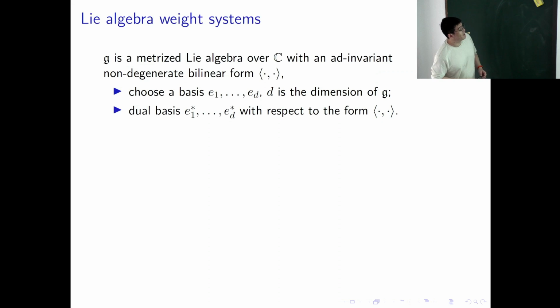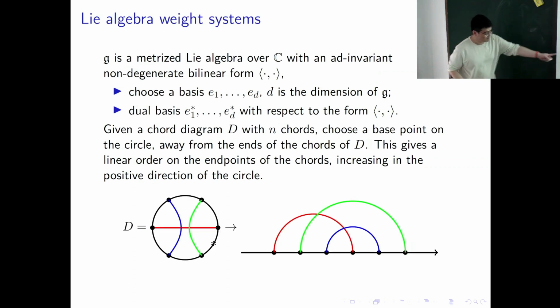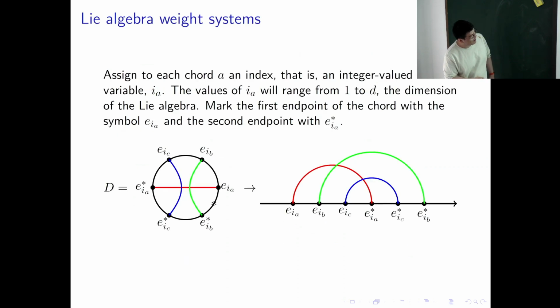So g is a Lie algebra with an invariant bilinear form. We choose a basis e_1, e_2, ..., e_d, where d is the dimension of g, and the dual basis e_1 star, e_2 star, ..., e_d star with respect to the bilinear form. Given a chord diagram D with n chords, for example, a chord diagram with three chords, we cut it anywhere and draw it as an arc diagram, and put an element at each endpoint.